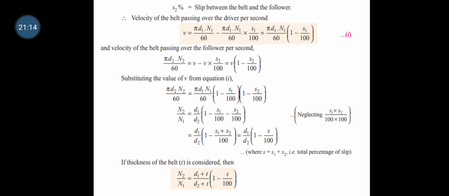Substituting these equations, we get n2 divided by n1 is equal to d1 divided by d2 into 1 minus S1 by 100 minus S2 by 100.